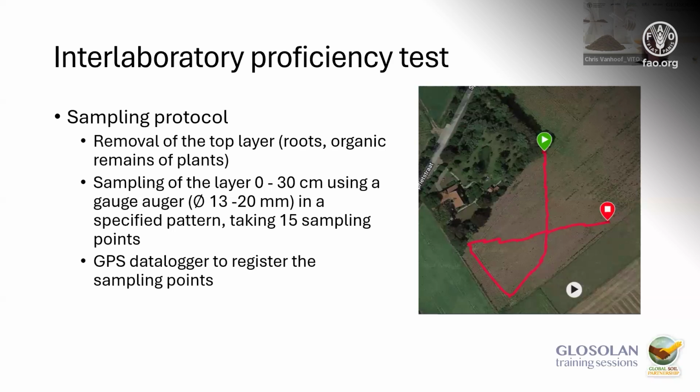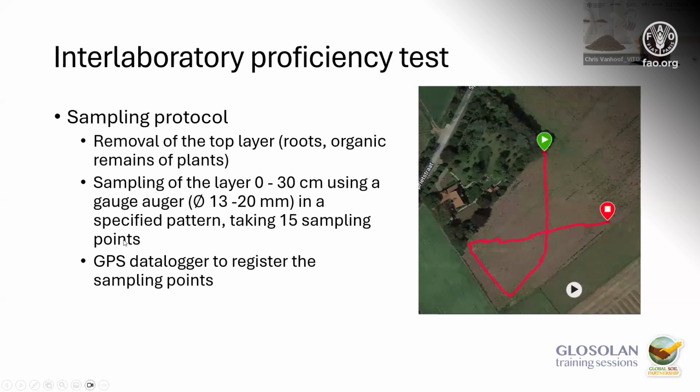Then you sample the layer between 0 and 30 centimeters using a gouge auger with a diameter between 20 and 30 millimeters, in a specific pattern. Usually a cross pattern is defined, as shown here, and 15 sampling points are distributed over the cross.